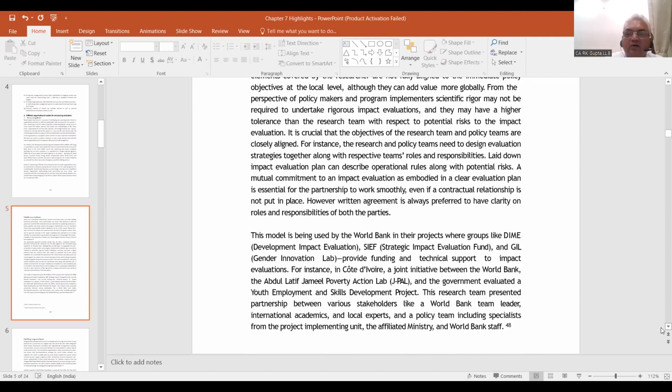For instance, in Ghana, a joint initiative between the World Bank, the Abdul Latif Jameel Poverty Action Lab, J-PAL, and the government evaluated a youth employment and skill development project. So this research team presented a partnership between stakeholders like a World Bank team leader, international academics, and local experts, and a policy team including specialists from the project implementing units, the affiliated ministry, and the World Bank staff.